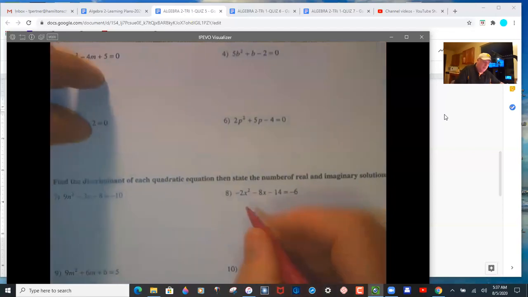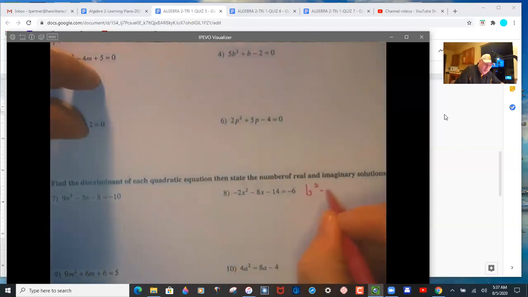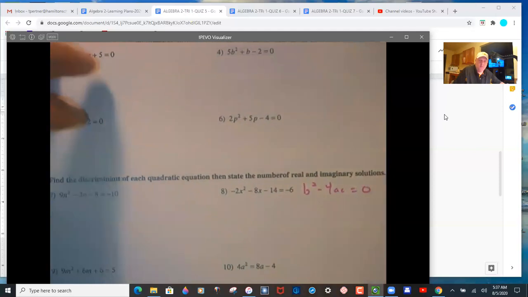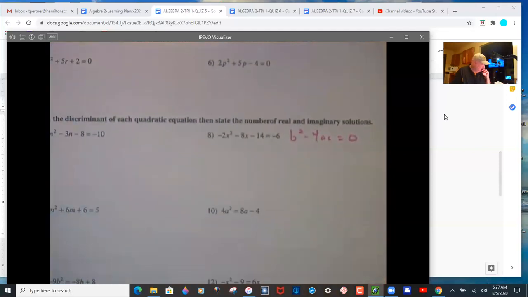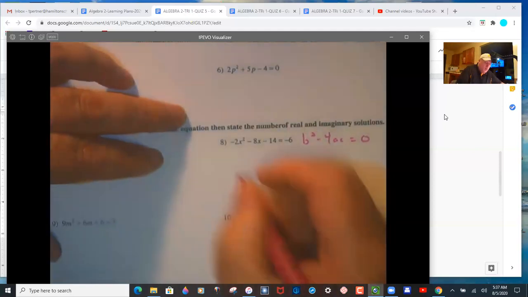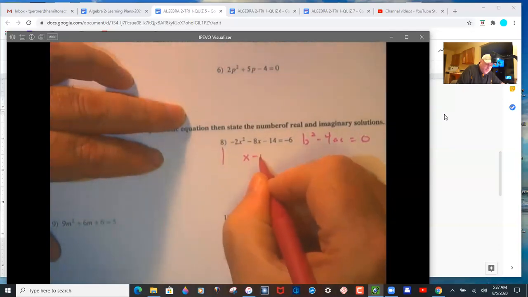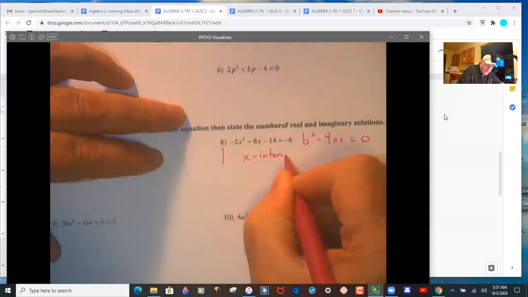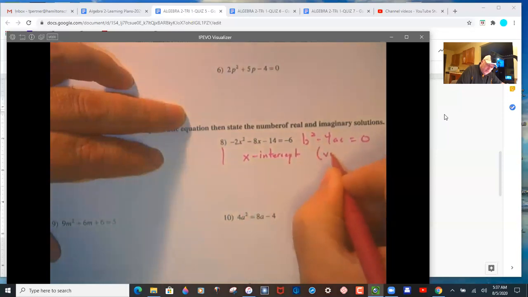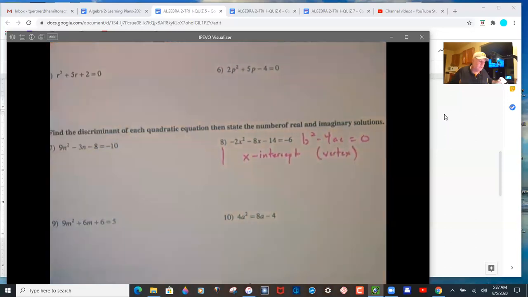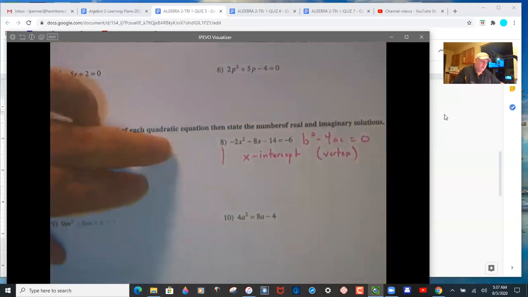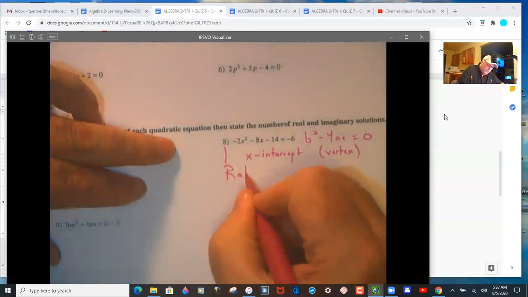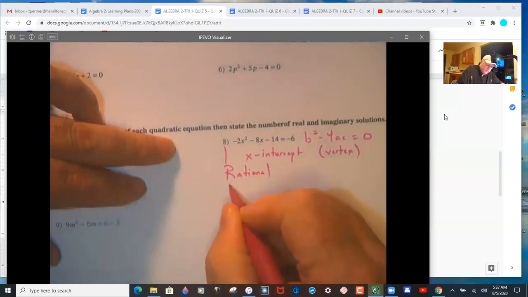Let's go to number 8. So b squared minus 4ac is 0 here. I'm going to do one of each outcome. One x-intercept. This is at the vertex, by the way. We have rational roots, and it is factorable.